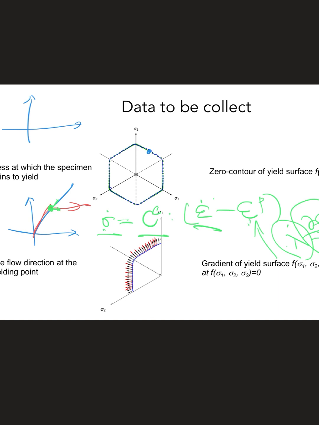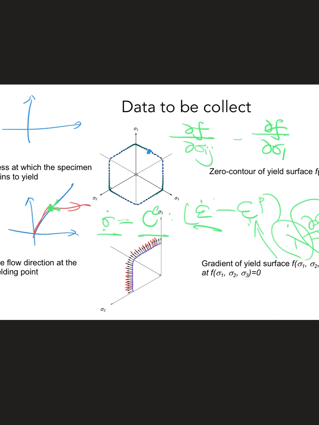In the principal strains, you have an advantage, because in general I have to consider this second order tensor, right? That gives you the flow directions. But in the principal stress, this becomes just a vector, because for an isotropic model the yield surface does not depend on the orientations of the eigenvector and only depends on the eigenvalues.